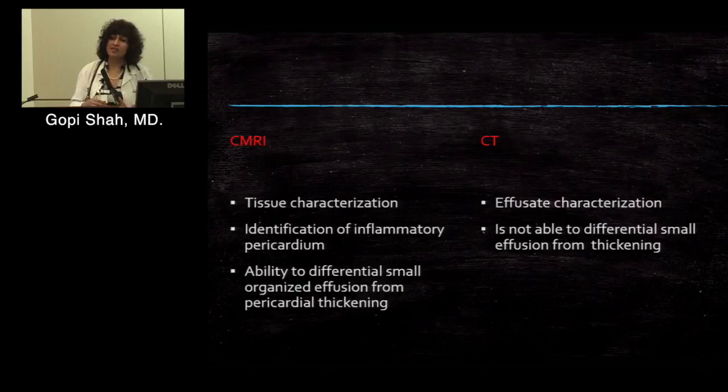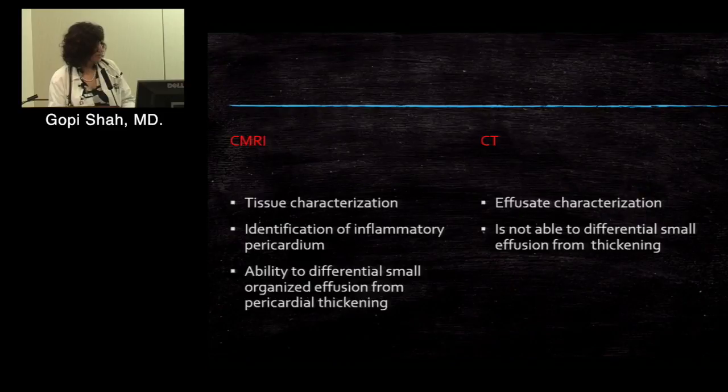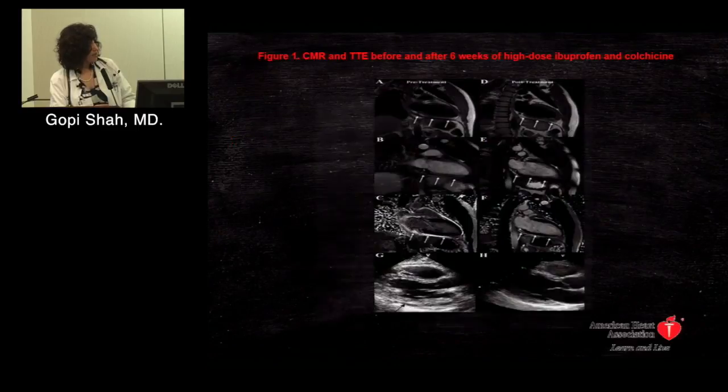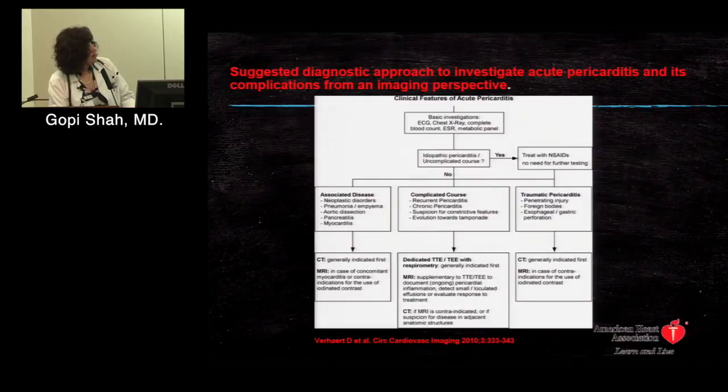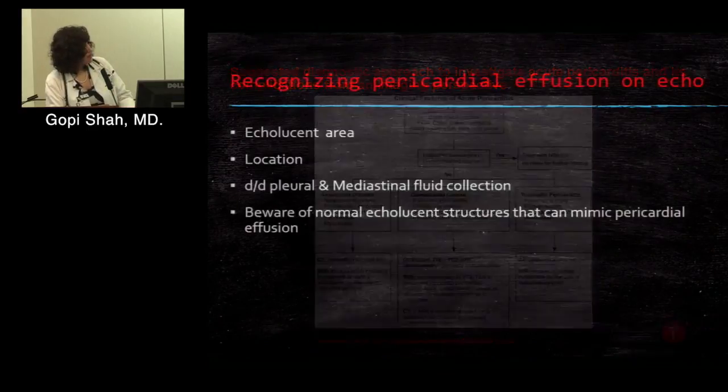Echo may or may not show a lot of effusion, and pericardial thickening is very difficult to pick up on echo. That's when MR has a very important role, and Dr. Nabi will talk more about it. Again, CT is limited because with small effusions and thickening, it cannot differentiate as well as MR. I'm going to go through this because that's not my area.